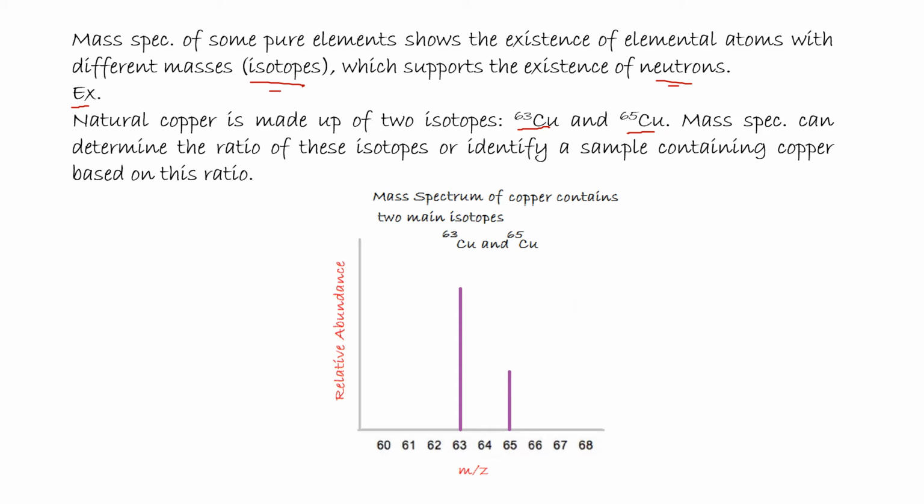Mass spec can determine the ratio of these isotopes, or identify a sample containing copper based on their ratio. So this is a relative abundance, and we can see that copper 63 exists in a higher percent than copper 65.